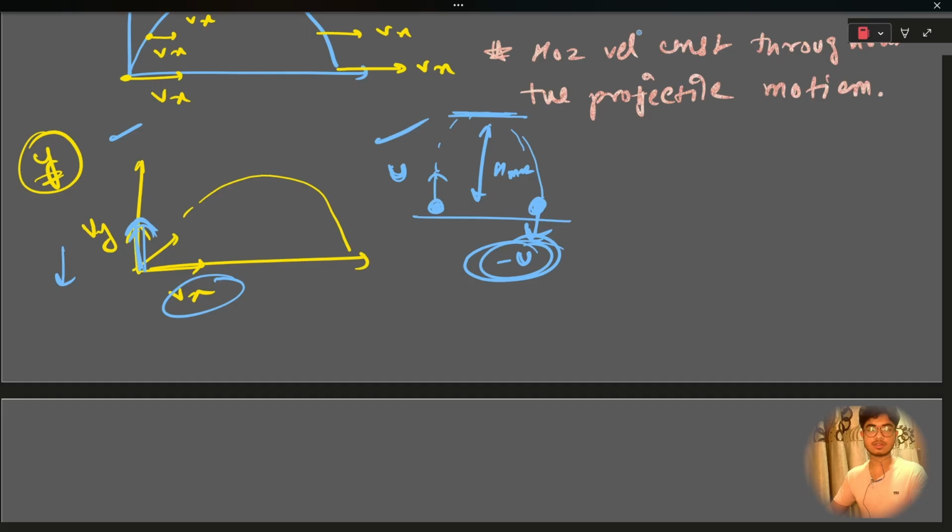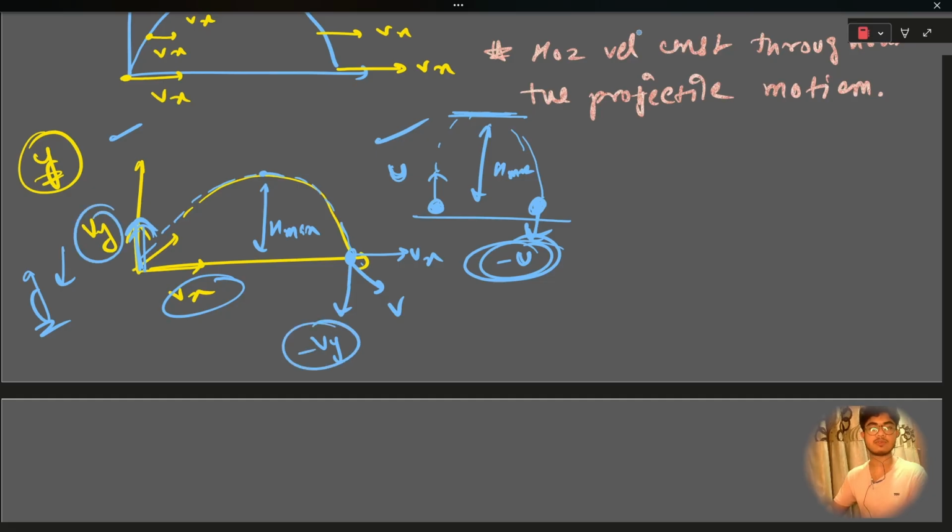The Vy, because g is acting downwards, decreases up to the maximum height and becomes 0. Then it increases till it becomes minus Vy. It goes up with Vy, just like here it goes up with u, and comes down with minus Vy, just like here it comes down with minus u.